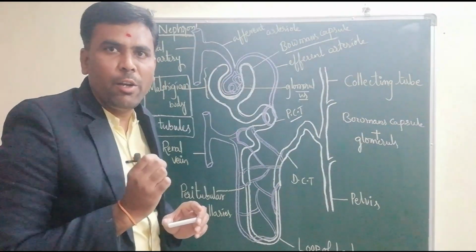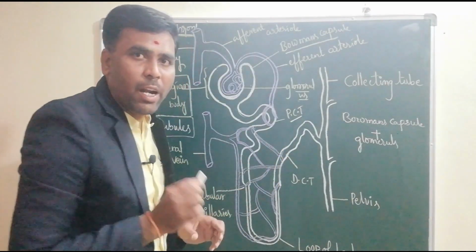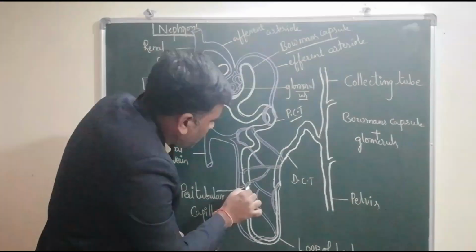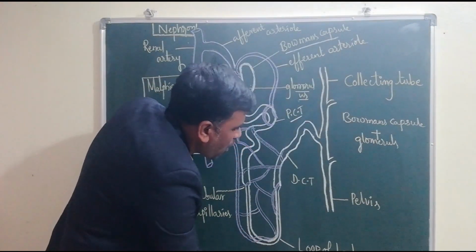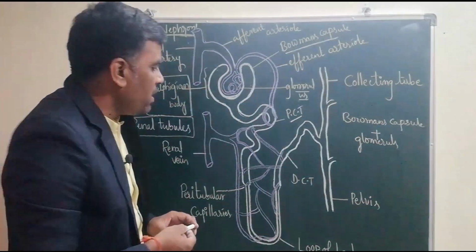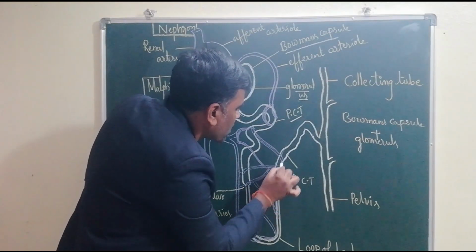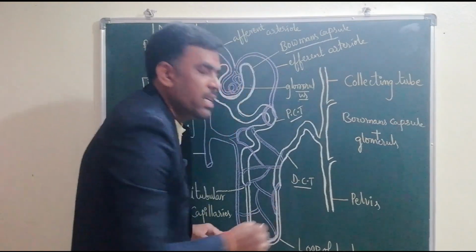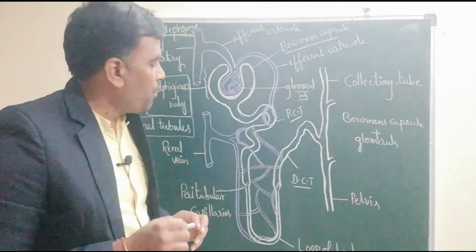PCT stands for proximal convoluted tubule. Then next there is a U-shaped bending tube, which we call the loop of Henle. From here we see another convoluted tubule, called the DCT. DCT stands for distal convoluted tubule.